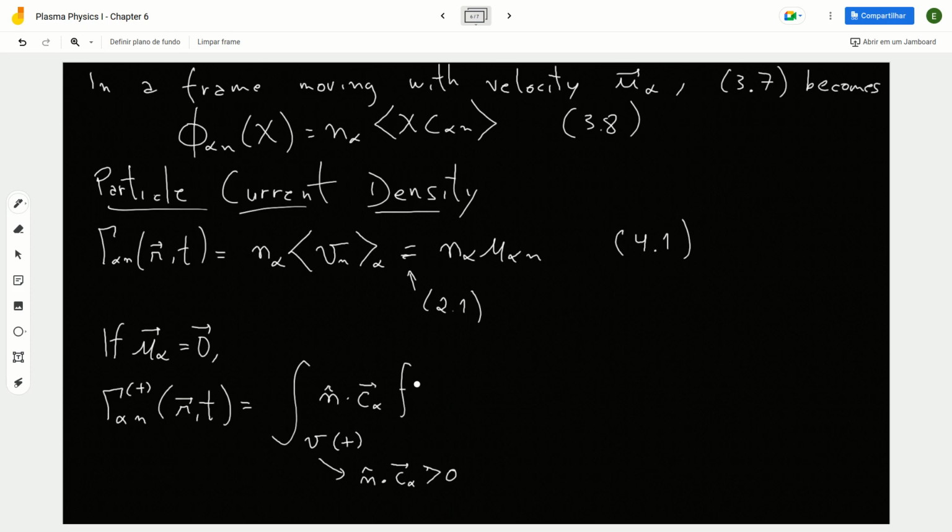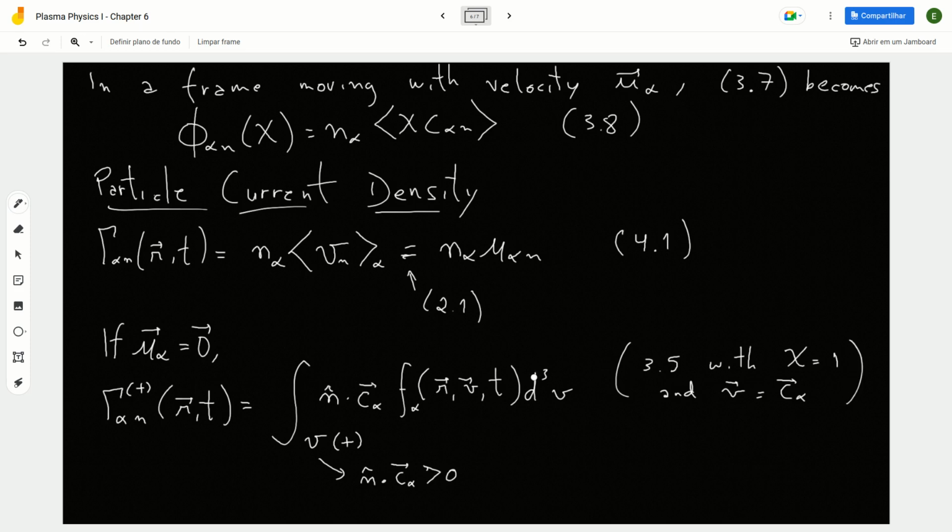So this is the equation. That is the flow of the fluctuation.